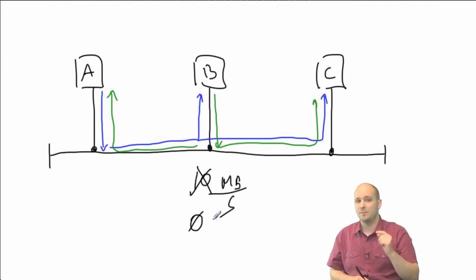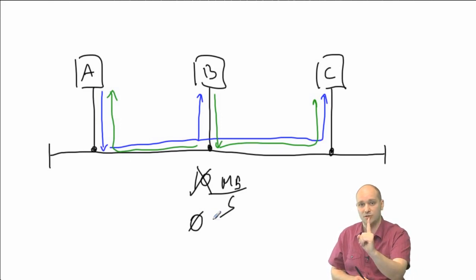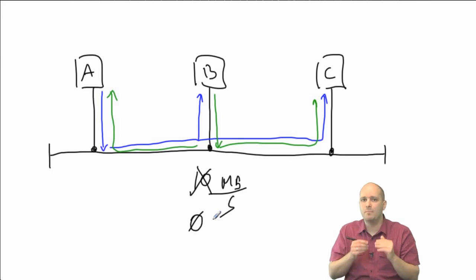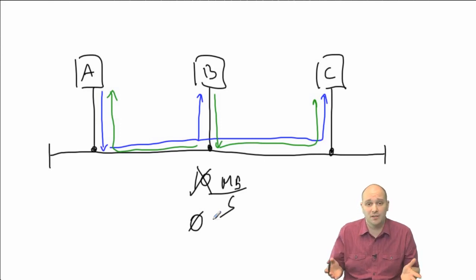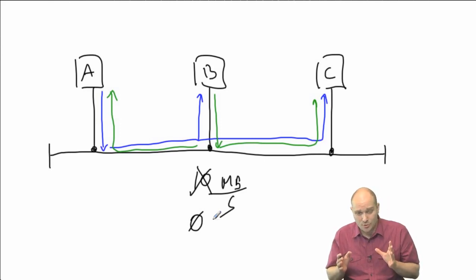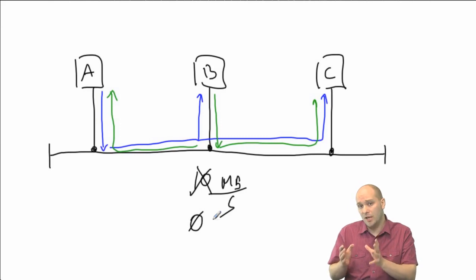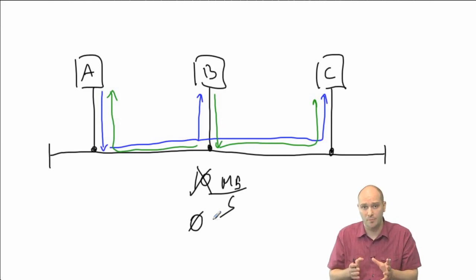That means that if only one station can transmit at a time, the effective bandwidth that can be used on this shared segment depends on the number of stations and the amount of traffic they are attempting to send. So now it may become a little bit more clear why collisions are important.